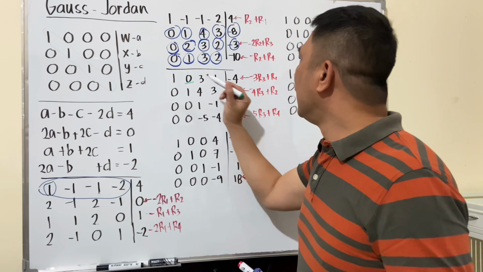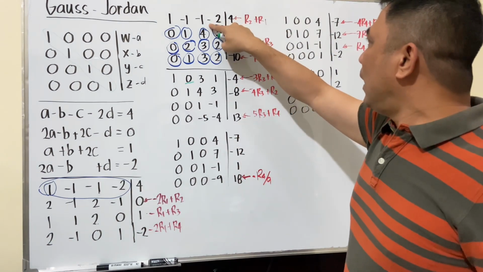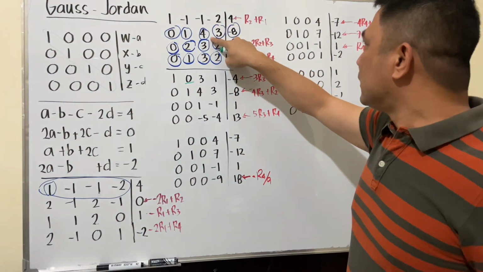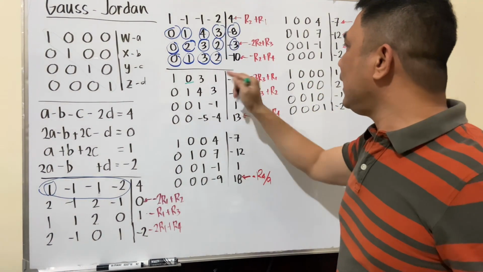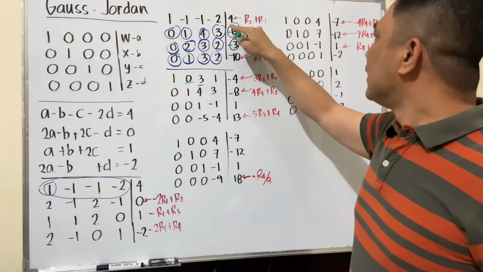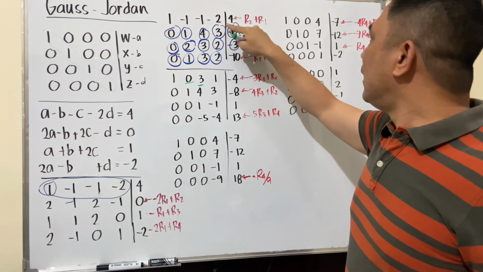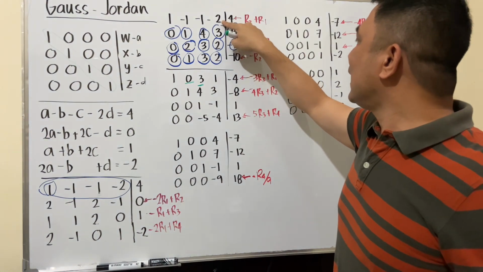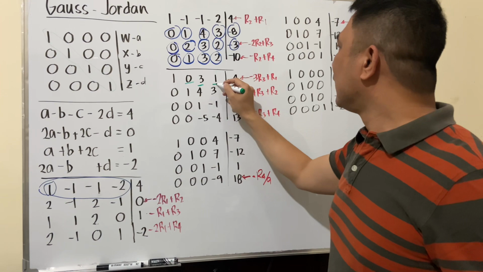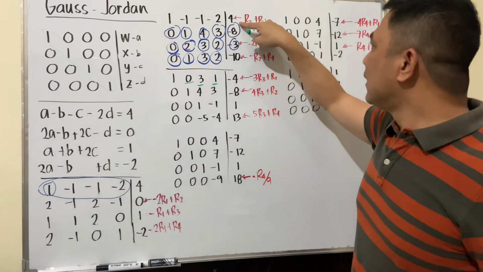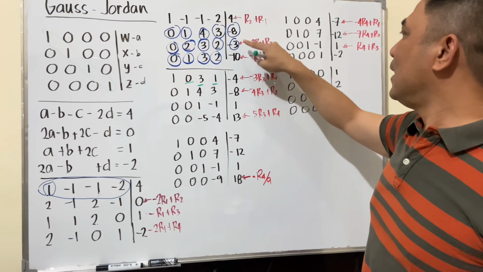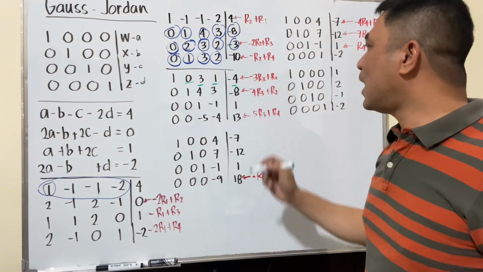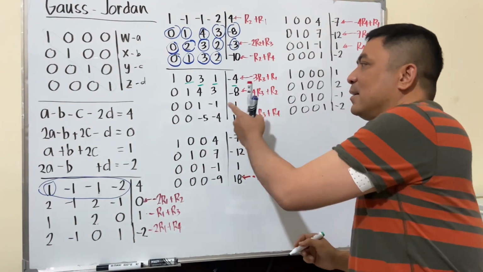Negative 1, R2: 4 plus negative 1, that is 3. So 3 plus negative 2, that is 1. And then 4 plus negative 8 is negative 4. So that's how we get this row here.